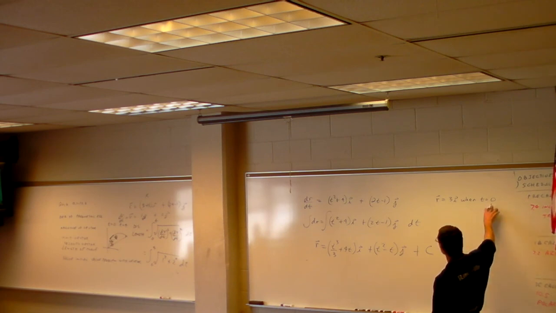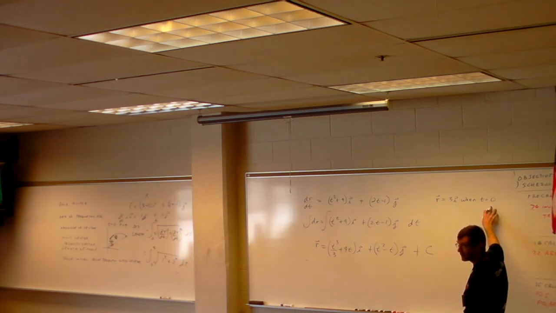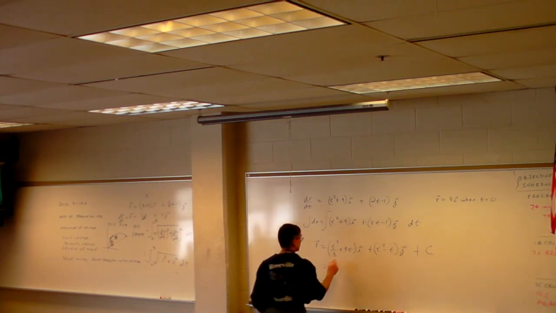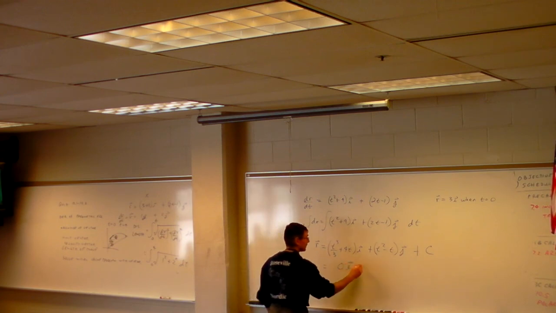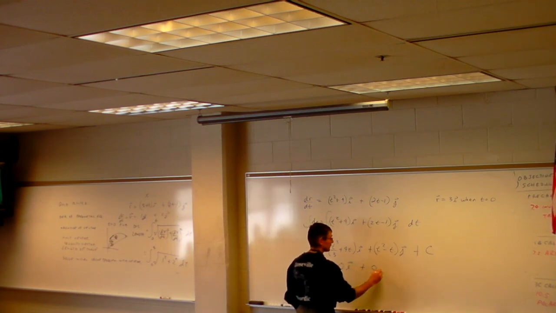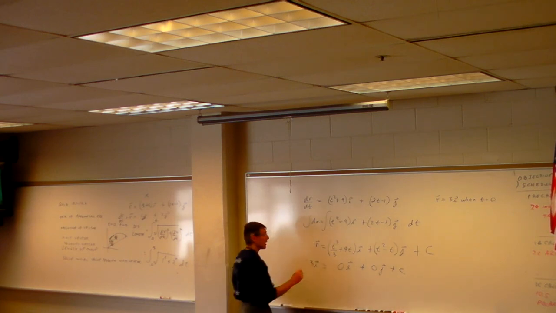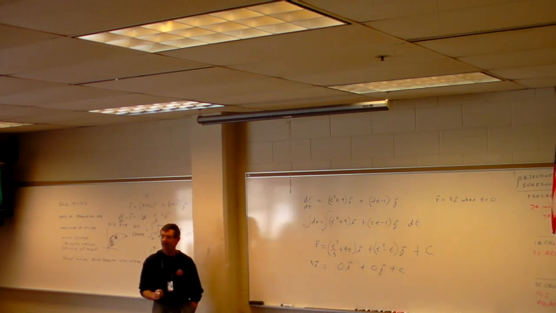So now what we do is we plug a 0 in for t, and r has to be 3i. Everything here is 0. Everything is 0 here. And it has to be 3i. So that tells you that c is 3i.